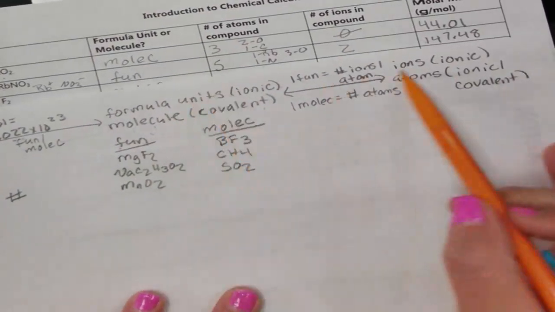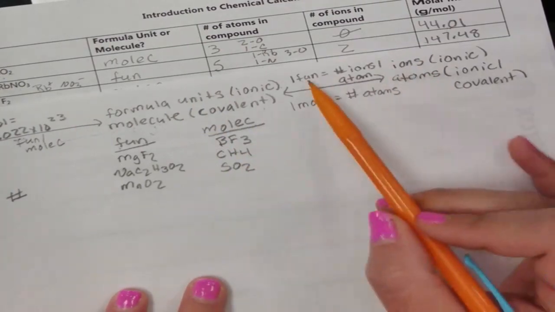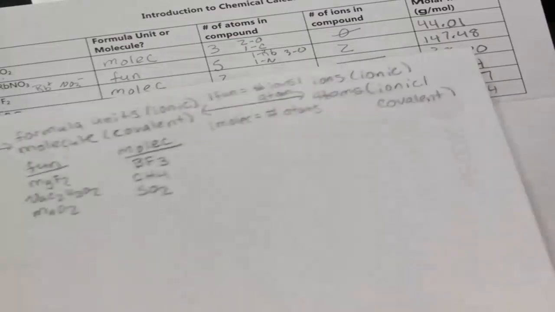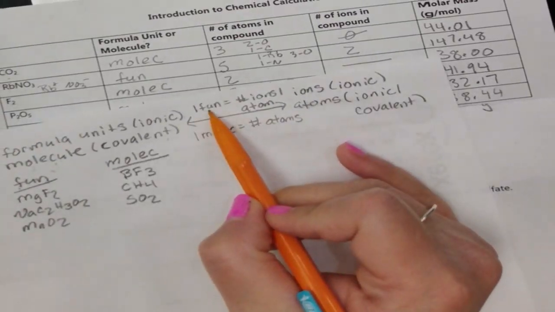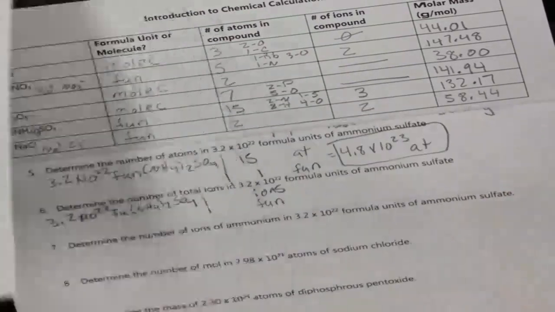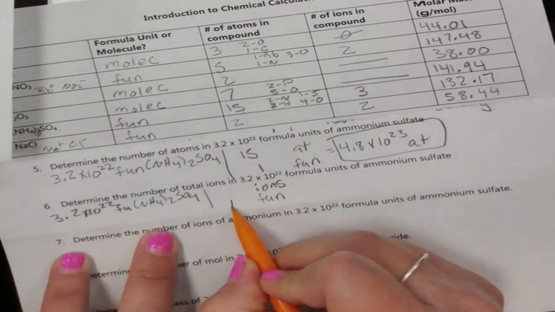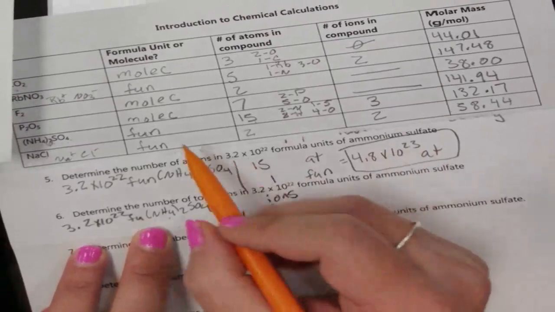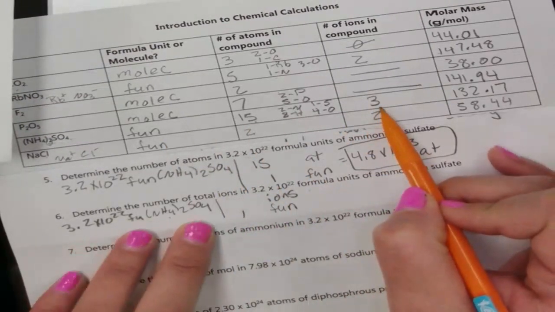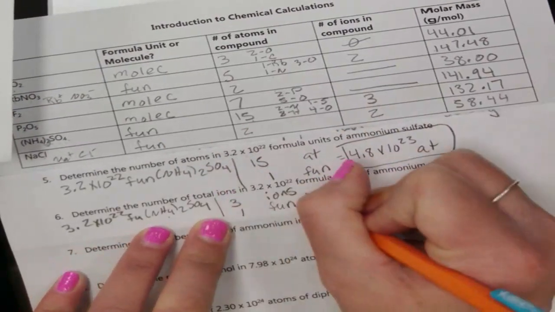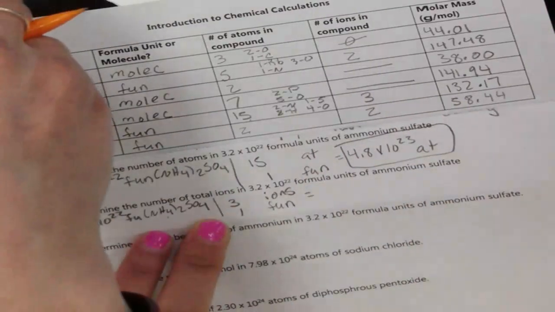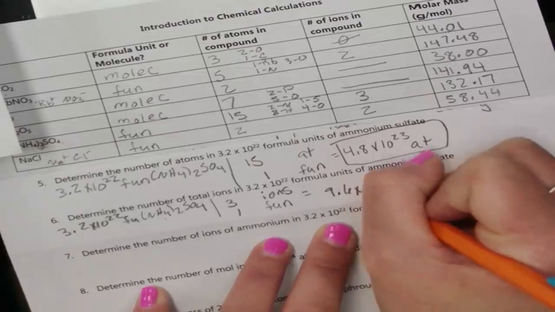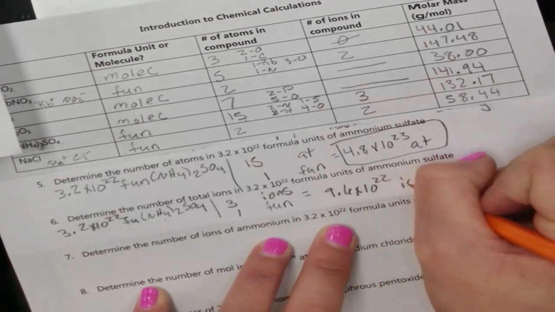My formula unit can go to ions as well, where one formula unit is the number of ions. So one formula unit, how many ions in ammonium sulfate? We found that ammonium sulfate has 3 ions. So when I plug this into my calculator, I get 9.6 times 10 to the 22nd ions.